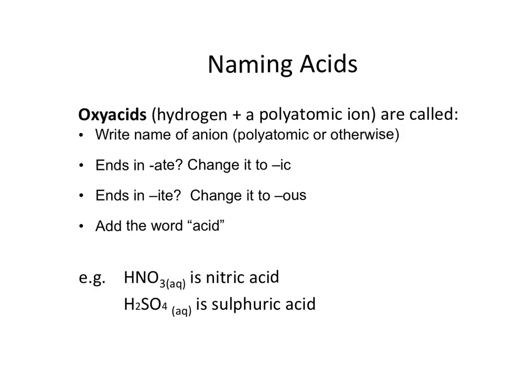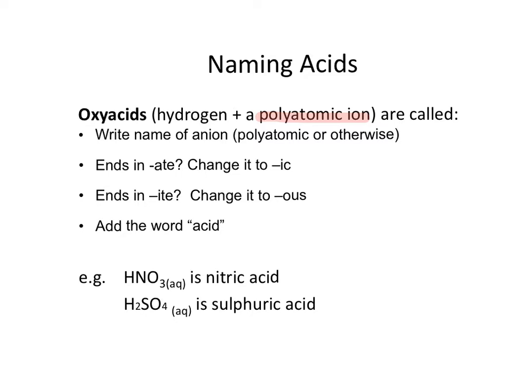We have a second type of acid. The ones before that were binary acids. These are oxy acids. So the oxy acids have an oxygen. Usually you'll see them with a polyatomic ion. Writing these acids is a little bit more complicated.